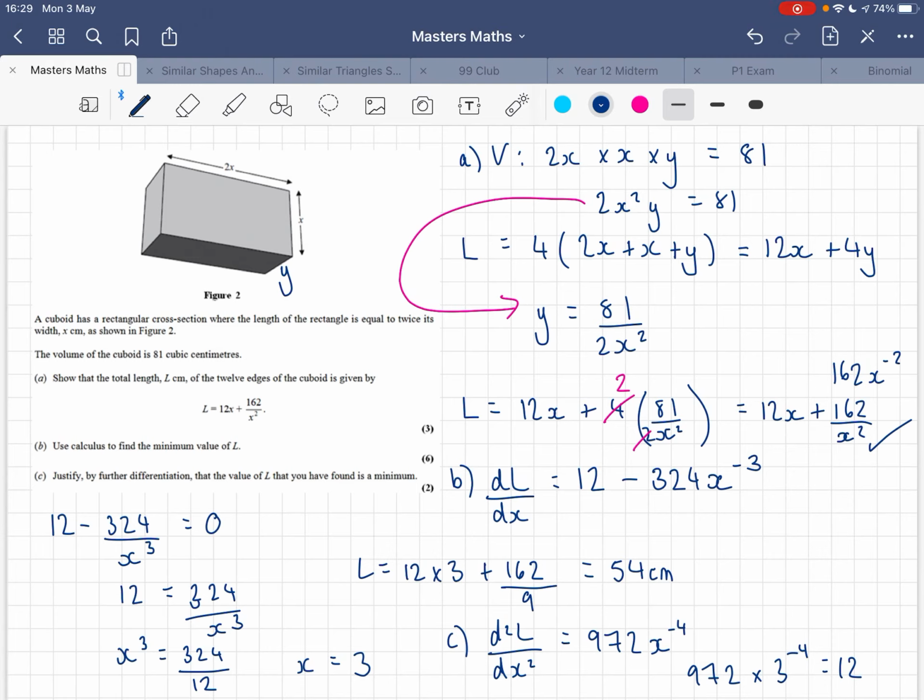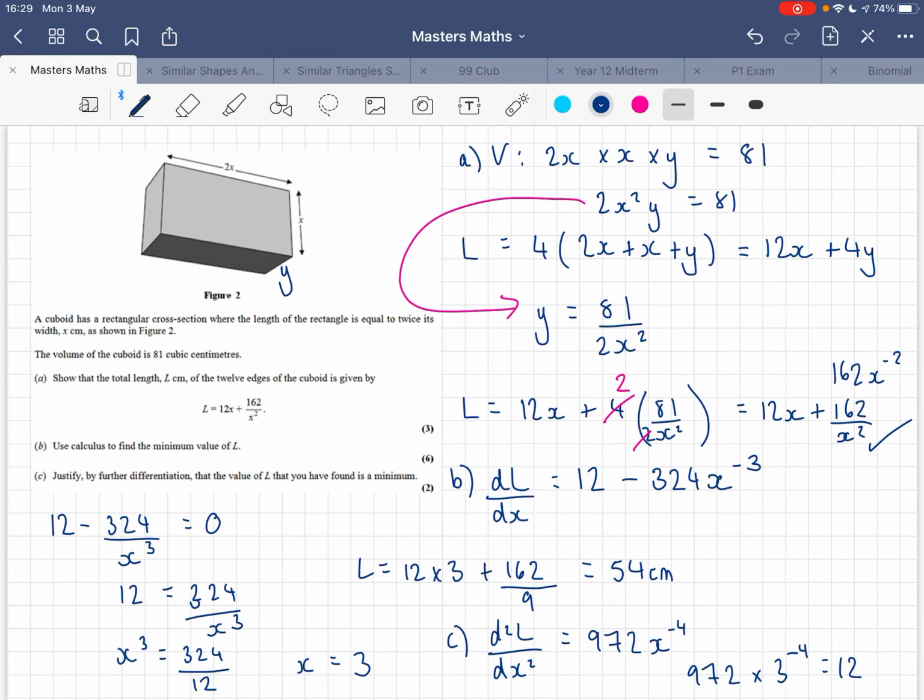Obviously you would write that as a little sentence, but I have run out of space. But that's your reason: when you take the second derivative and substitute x in, you get a value greater than 0, that is positive, which means that we have found a minimum. If it was negative, then it would be a maximum, but it's positive, so it's a minimum.